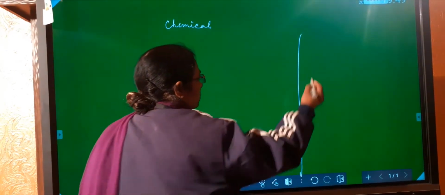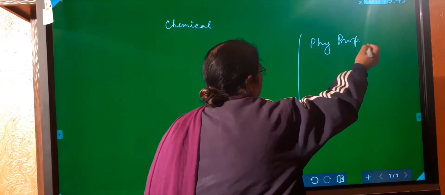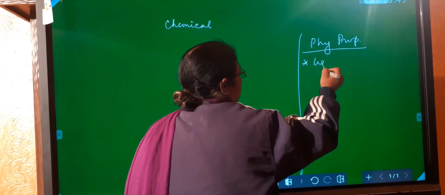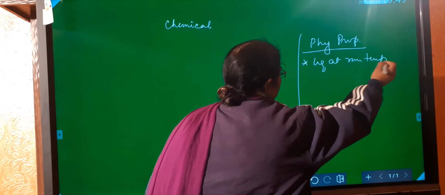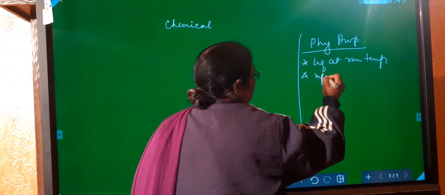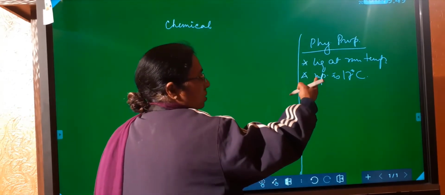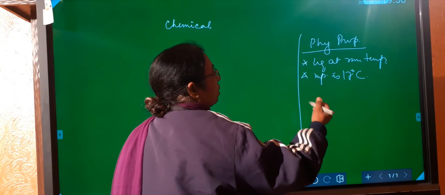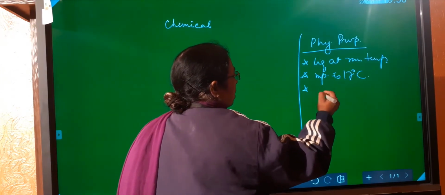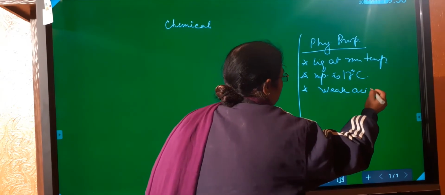Physical properties we were talking about. First, physical properties. So this is liquid at room temperature and melting point is 17 degrees centigrade. So below 17 degrees centigrade, this is in the solid form, and this is a weak acid.